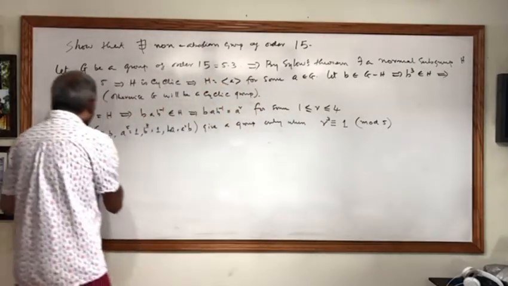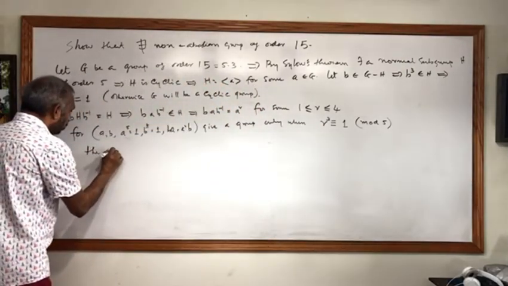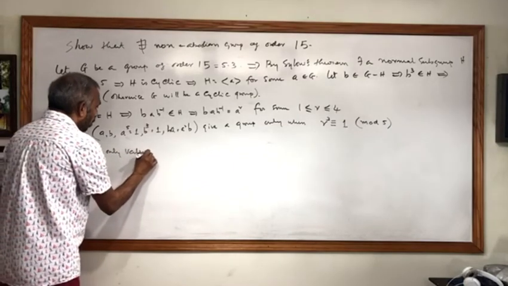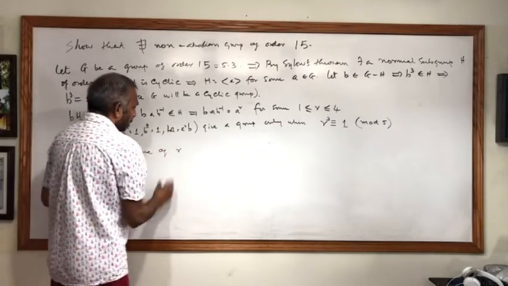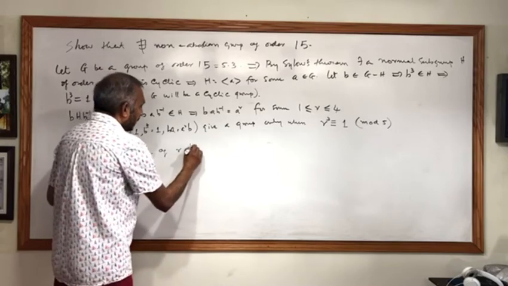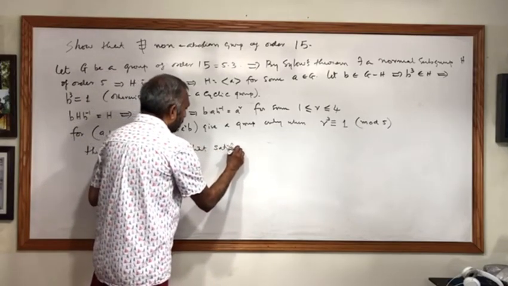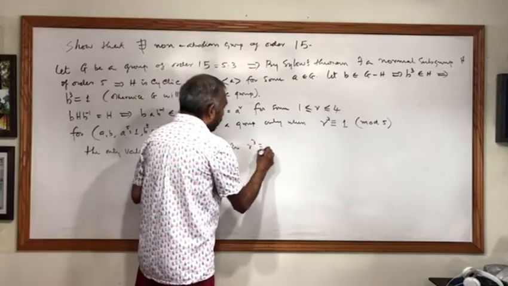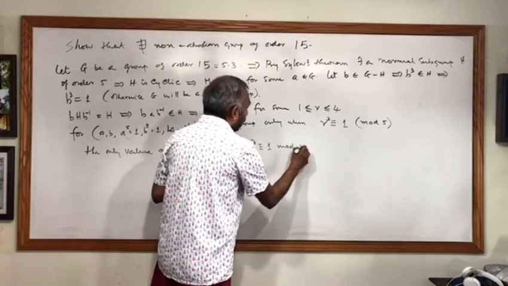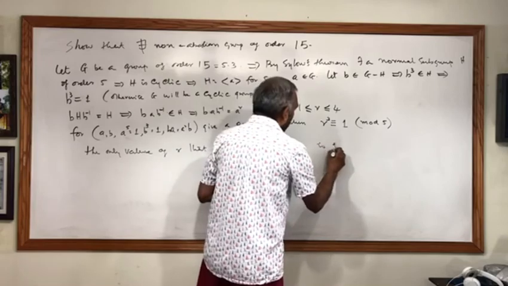So the only value of R that satisfies R cube congruent to 1 mod 5 is 1.